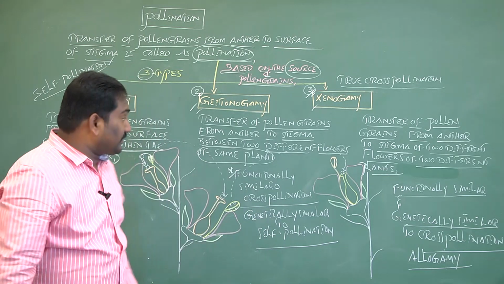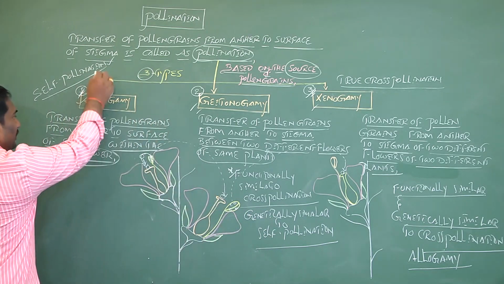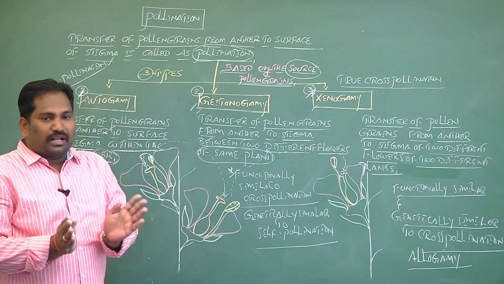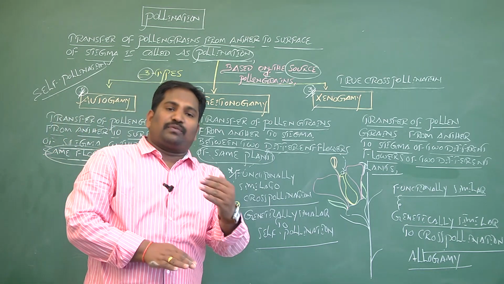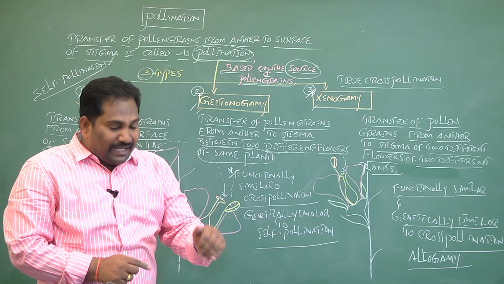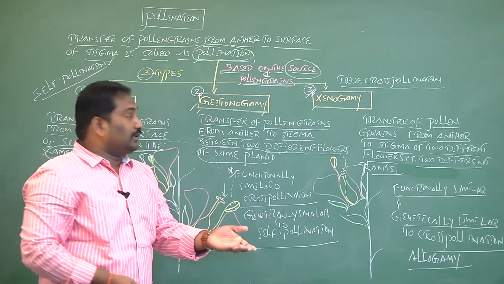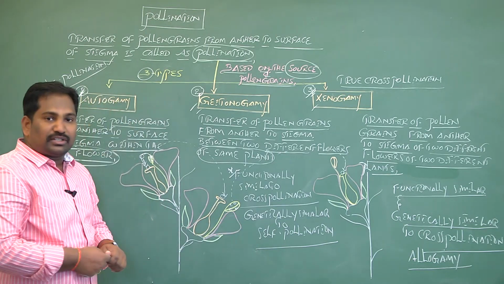Now we discuss the adaptations in a plant. A plant may produce unisexual flowers or bisexual flowers. If a plant produces bisexual flowers, there is a greater chance of autogamy or self-pollination.